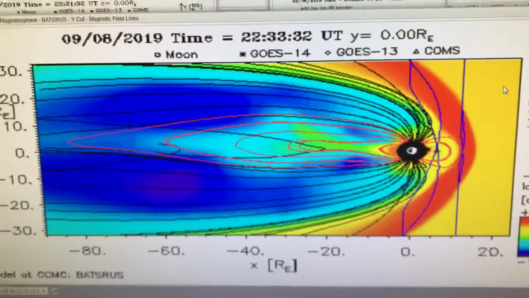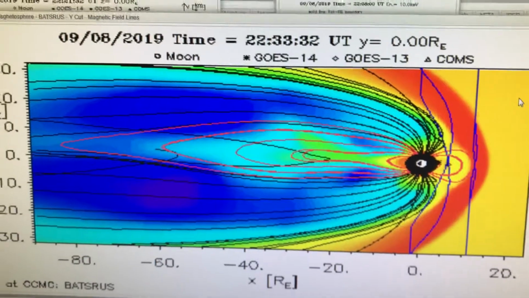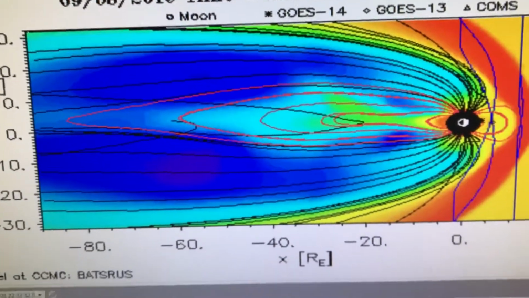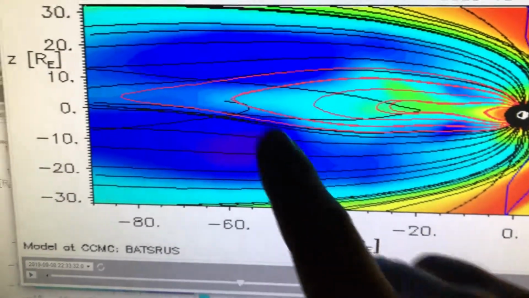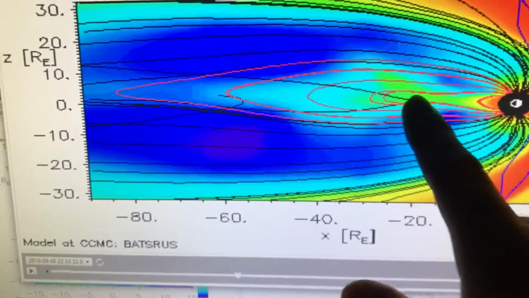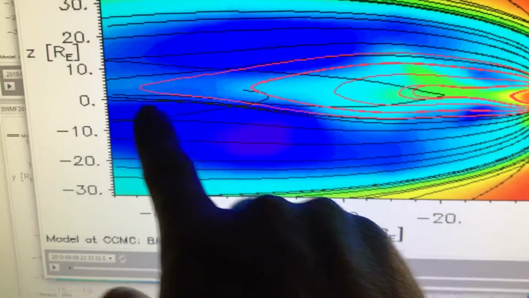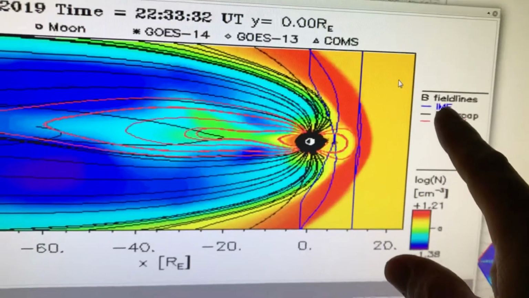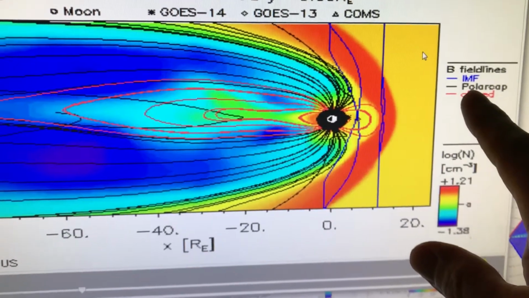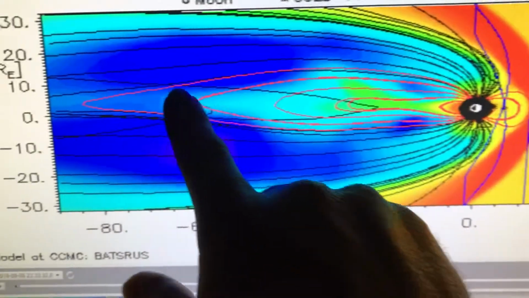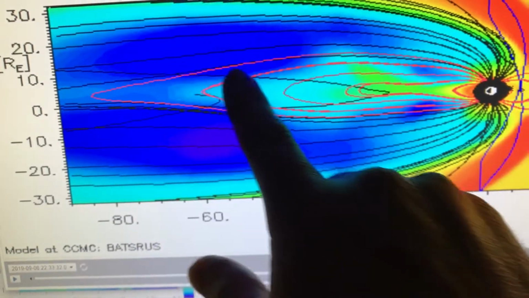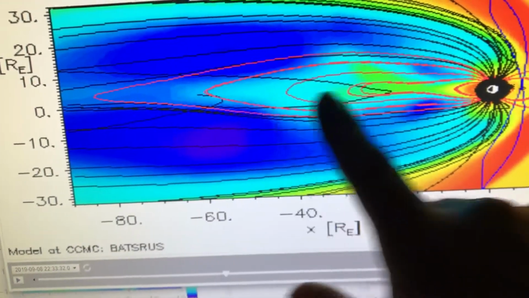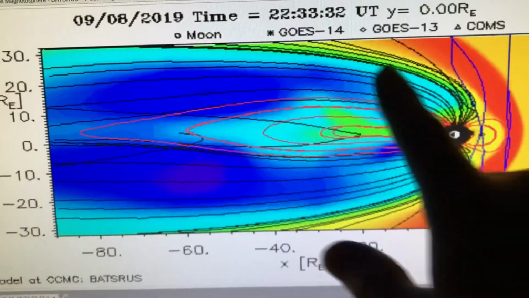Some of you might see this immediately, but for anybody new who may not understand this, if you look here, usually we see this as an IMF line, it's blue, but it's a polar cap because it's black. But we've never seen a polar cap facing the wrong direction, because they usually, in this model, come from Earth.